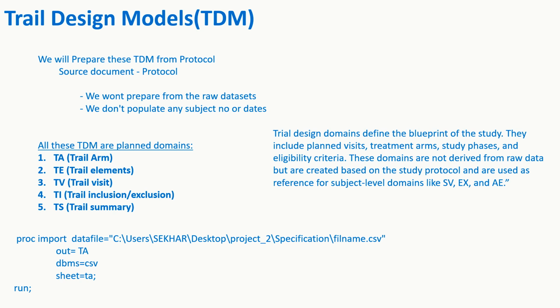Whatever we discussed earlier was derived from raw data, but the trial design models will be derived from the study protocol. And these domains are used as reference for subject level domains like the SV domain, EX domain, and AE domain.